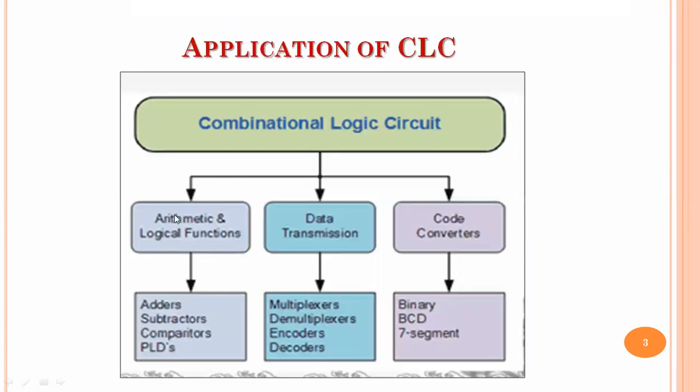So this is the application of CLC. It is used for arithmetic and logical functions, data transmission, and code converters. In arithmetic logical functions, we use adders, subtractors, comparators, and parity level decoders. For data transmission, we have multiplexers, demultiplexers, coders, and decoders. Then code converters are there: binary, BCD, 7 segment. Have you done the 7 segment decoder in DE? Anyone remember?